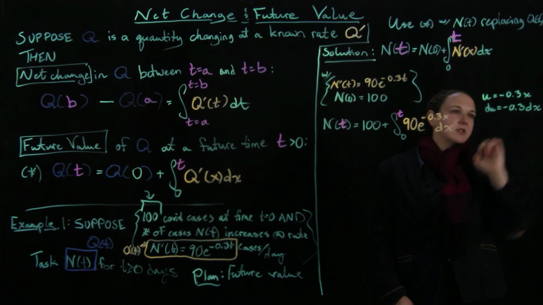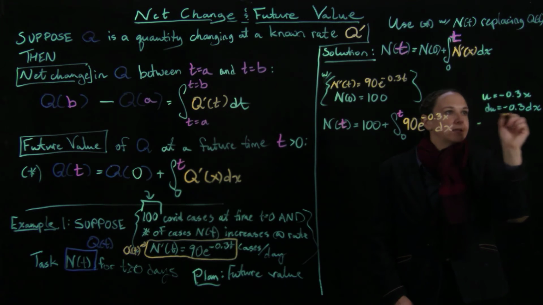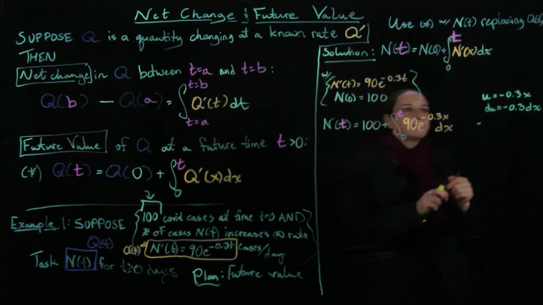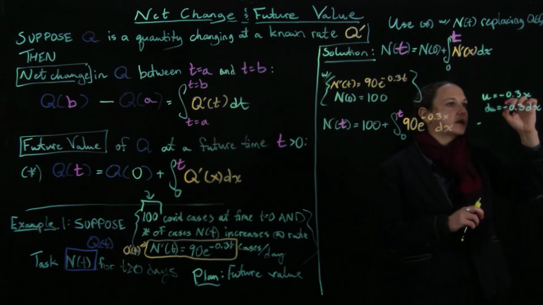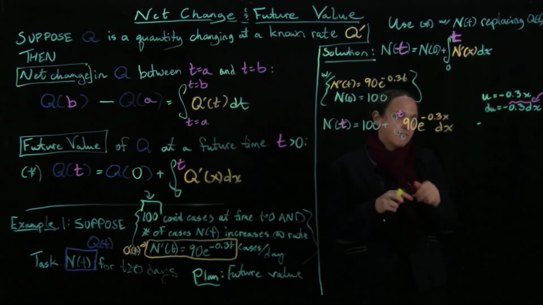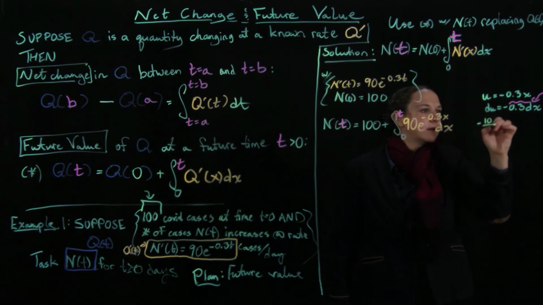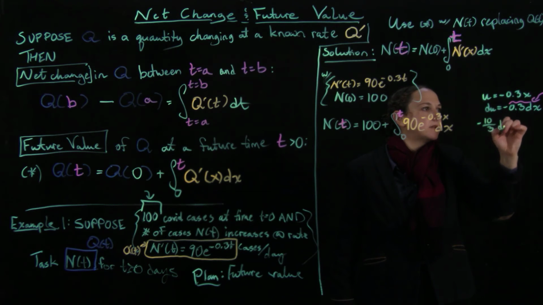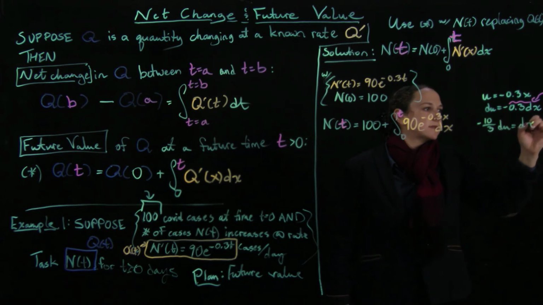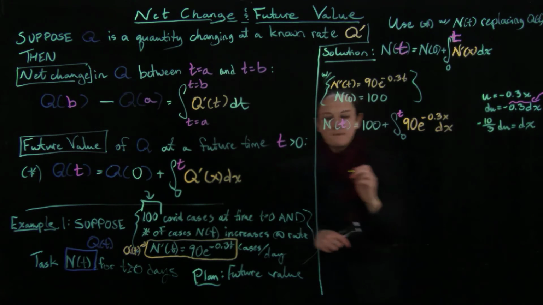Keep in mind, this is actually 3/10, so to bring it to the other side, I flip that over and I get 10/3. So I get minus 10/3 du equals dx.